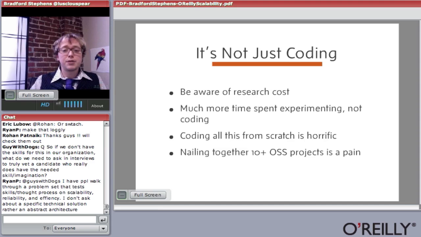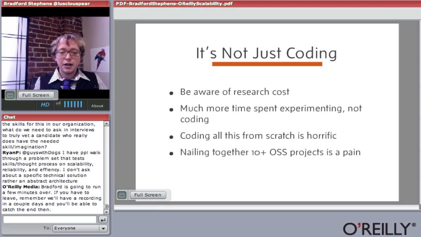And coding all this stuff from scratch is really, really painful. But it's painful to nail together 10 open source projects as well. Processing stuff with Hadoop, full text search with Elasticsearch, dumping it into MySQL so you can do some real-time OLAP, building dashboards out with Ruby on Rails, serializing it all with protobufs or Avro.